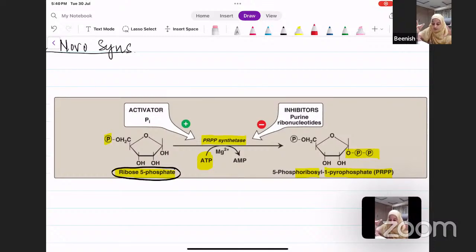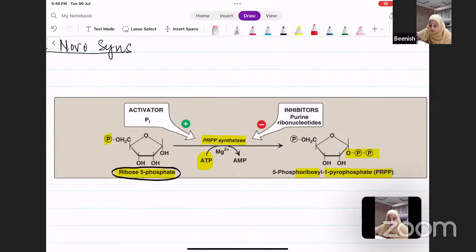So the first reaction is carried out by PRPP synthetase. It is going to incorporate a pyrophosphate, donated by ATP, at position 1. So you end up with 5-phosphoribosyl pyrophosphate, that is PRPP. In the first step, you are synthesizing PRPP.